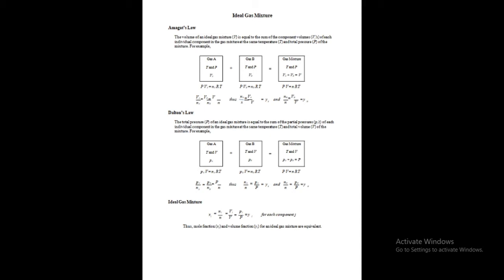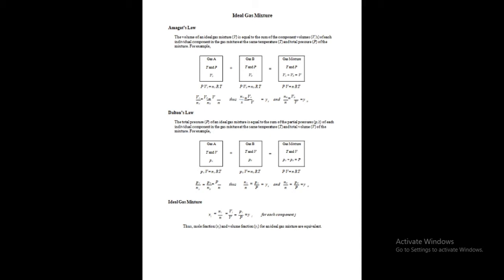We take only the pressure and number of moles for each component: PA by NA, PB by NB. Suppose you have any other component, for example gas C, PC by NC, or gas D, PD by ND.